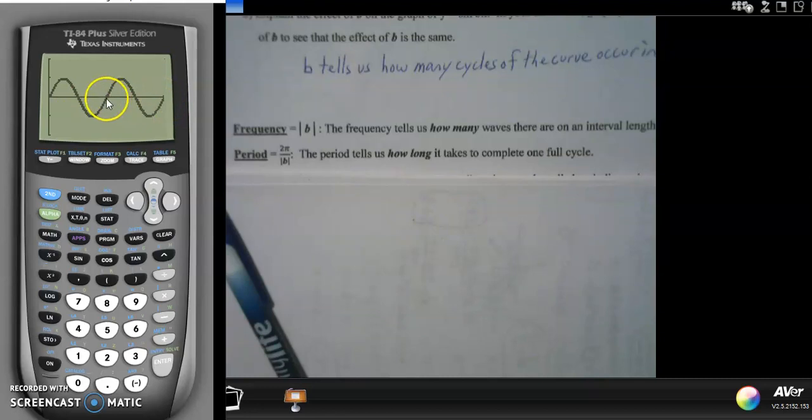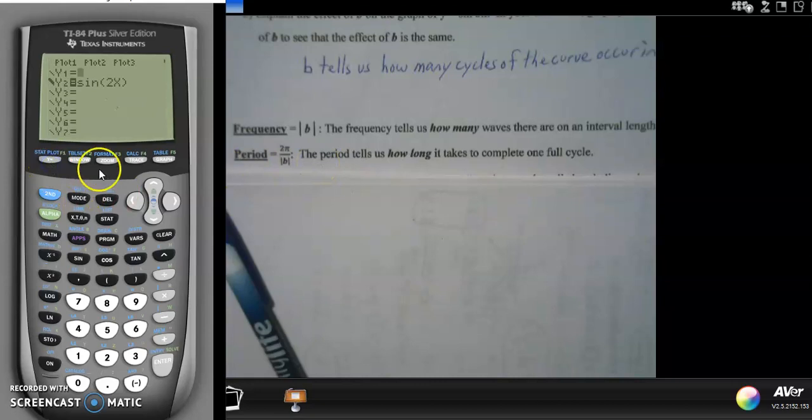To see one cycle, I want to end here. If I change my window so the x maximum is just pi radians, now when I graph it, there's going to be one full cycle. So the period of sine of 2x is pi. If I take 2 pi divided by the absolute value of 2, that gives me pi.